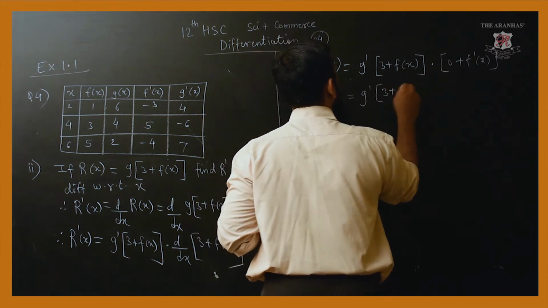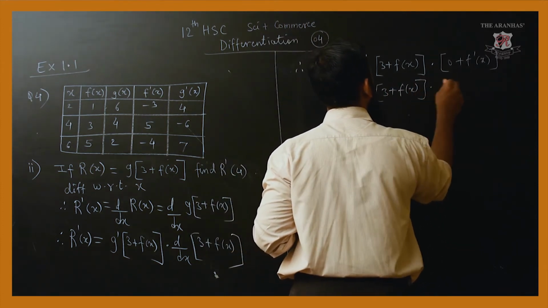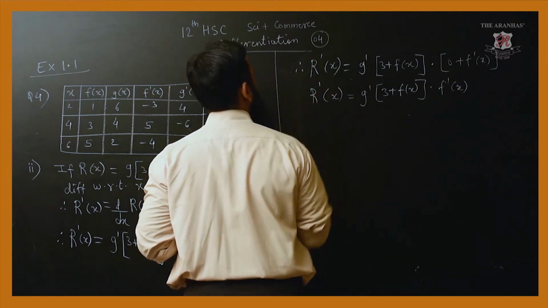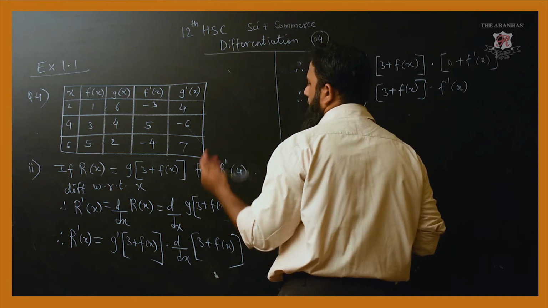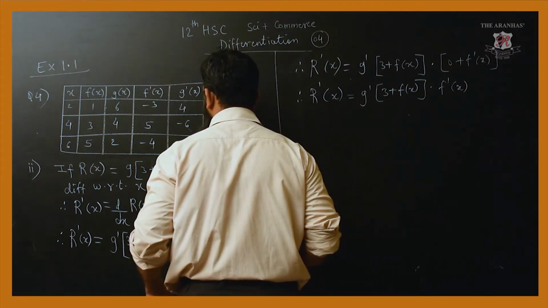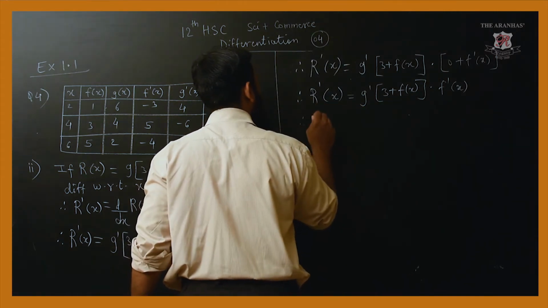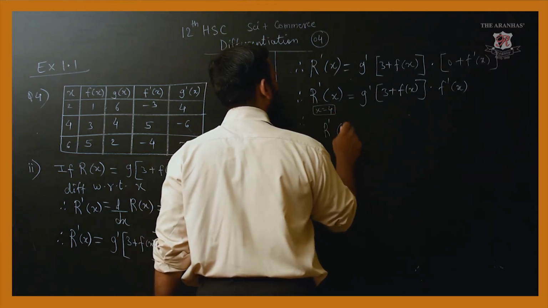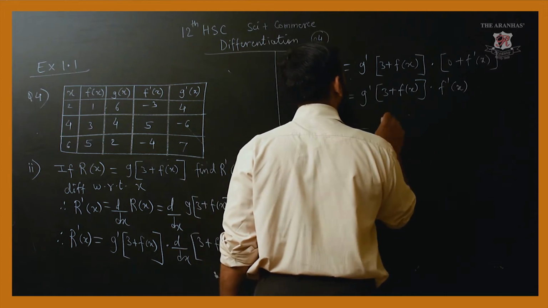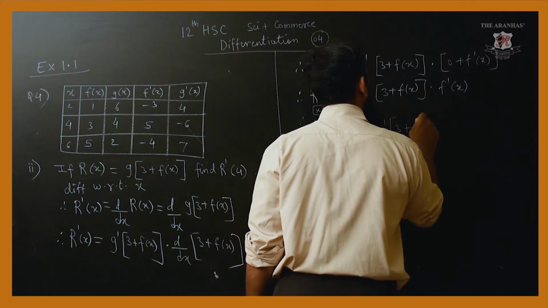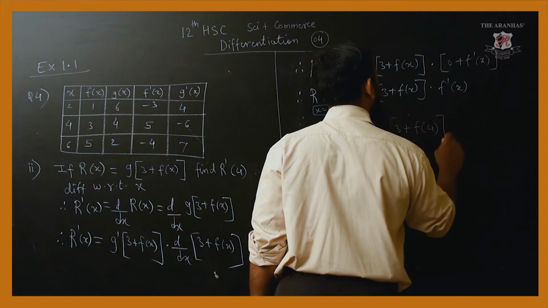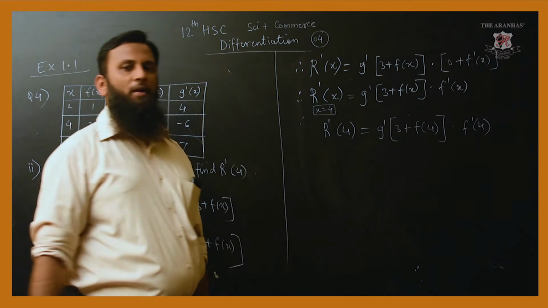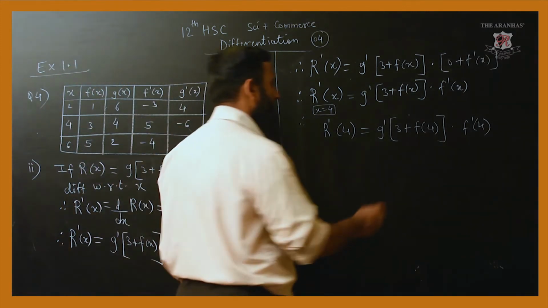So g dash of 3 plus f of x into f dash of x is our r dash of x. But my x over here is 4. So r dash of 4 will be g dash of 3 plus f of 4 into f dash of 4. Now you just have to pick up the values and substitute them here.